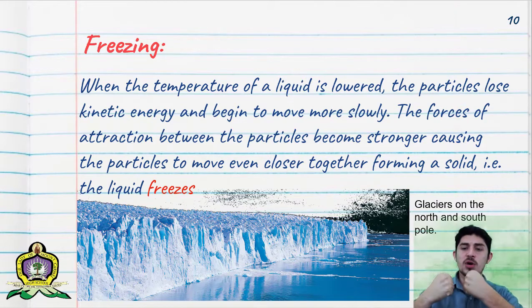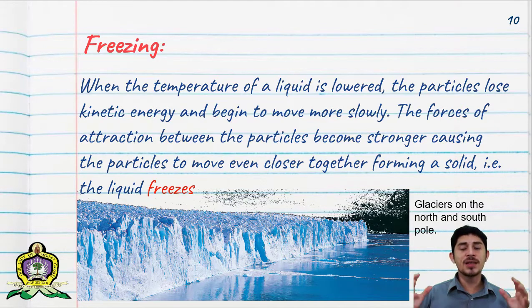And when they come together, they form like little magnets at an atomic level, and they join to each other. Because they're losing the energy, they are coming together. And when they do this, it is known as freezing. Freezing is the process in which liquids turn into a solid.